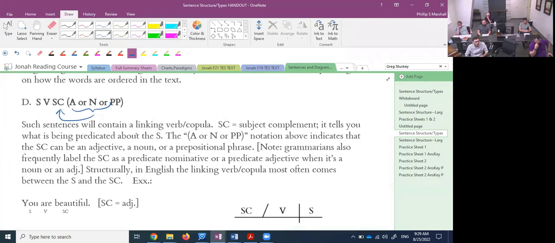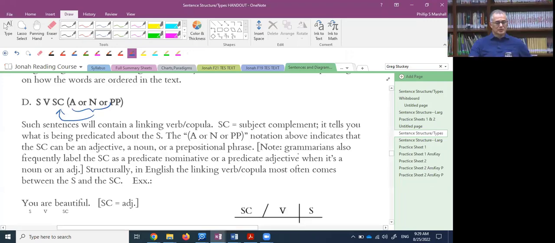This stands for subject complement, and the verb is a linking verb or a copular verb, so verbs like be. What I mean by an or pp is that an adjective, a noun, or a prepositional phrase could be the thing that fills the subject complement slot.